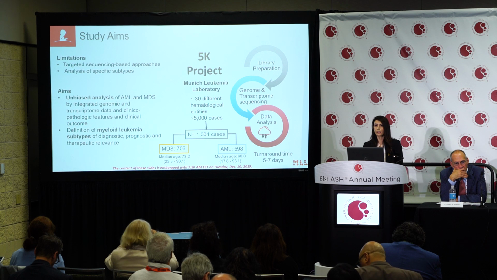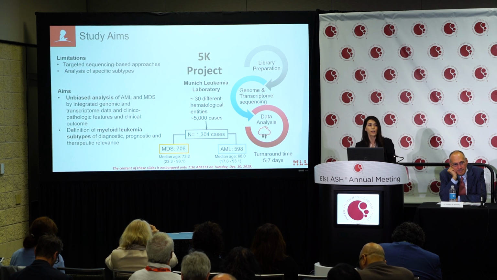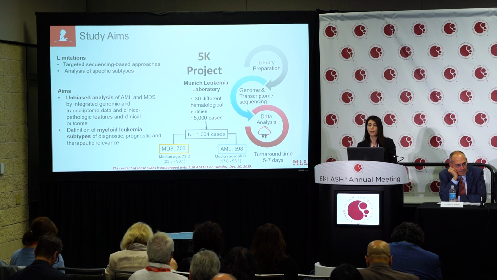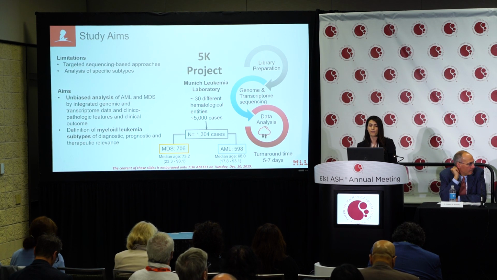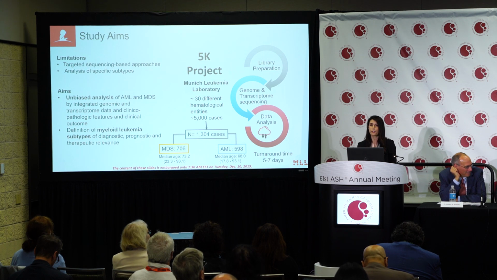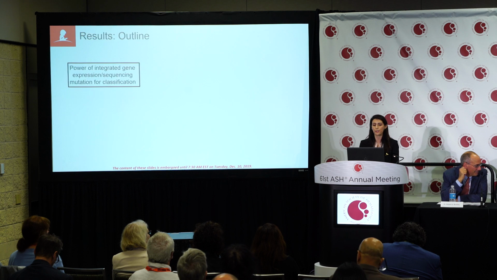This study is a part of a bigger project led by Munich Leukemia Laboratory, which has so far analyzed almost 5,000 cases from 30 different hematological entities by whole genome and transcriptome sequencing.